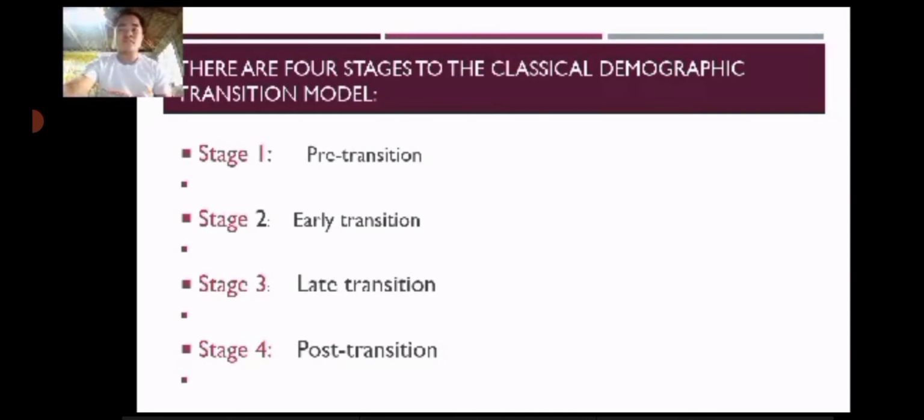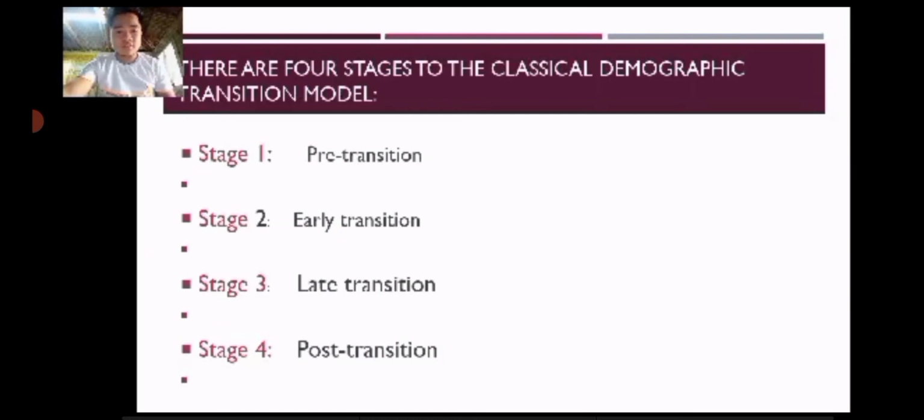Pre-transition is characterized by high and fluctuating birth rates. Stage 2 is early transition. During the early stage of transition, the death rates begin to fall. As the birth rates remain high, the population starts to grow rapidly.